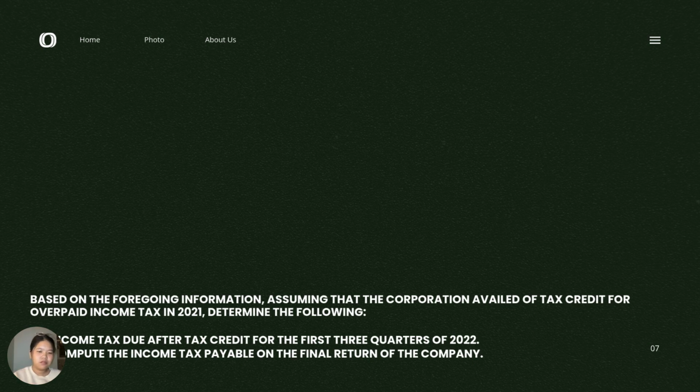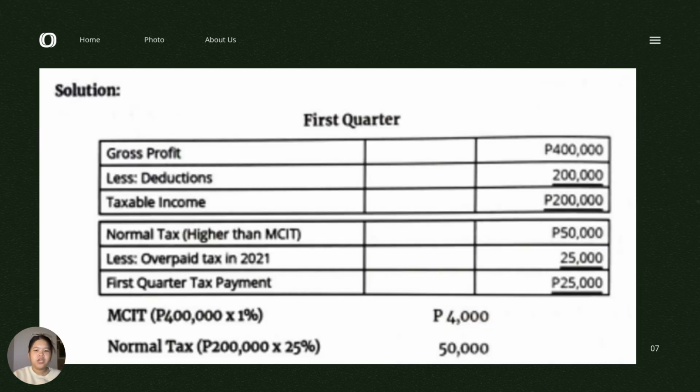What the problem asks us to do is determine the income tax due after credit for the first three quarters of 2022 and compute the income tax payable on the final return of the company. So let's first look at the first quarter.